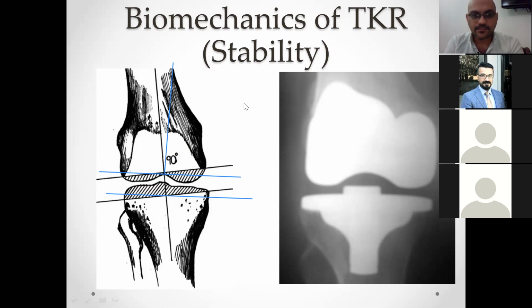So you cut the extension gap and the flexion gap. Now you go for soft tissue. In extension, you go first to the superficial MCL and the tibial band; in flexion, you have the popliteus and LCL.